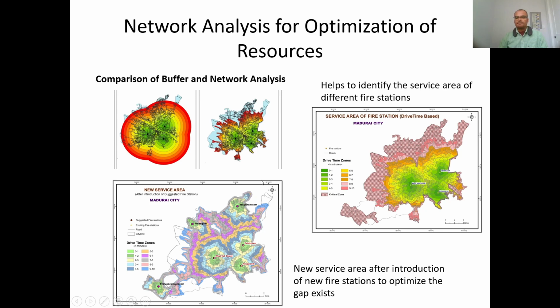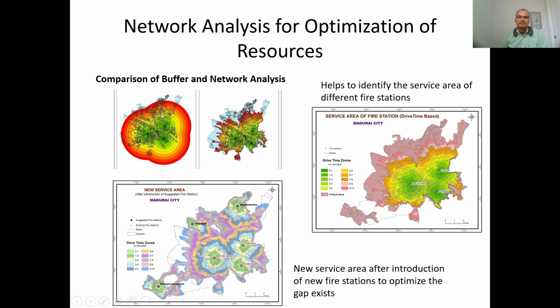So, for example, almost 15 years back, I did one analysis for a city in India, where I would like to understand how well the fire service stations cover the city, especially during emergency management.